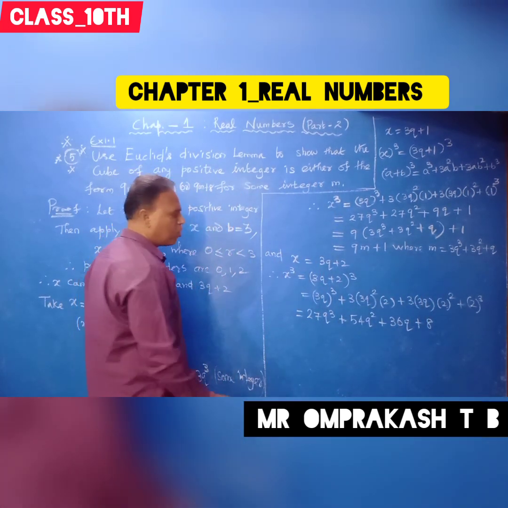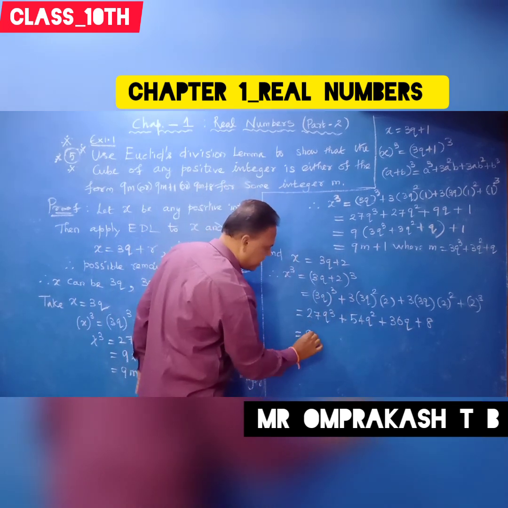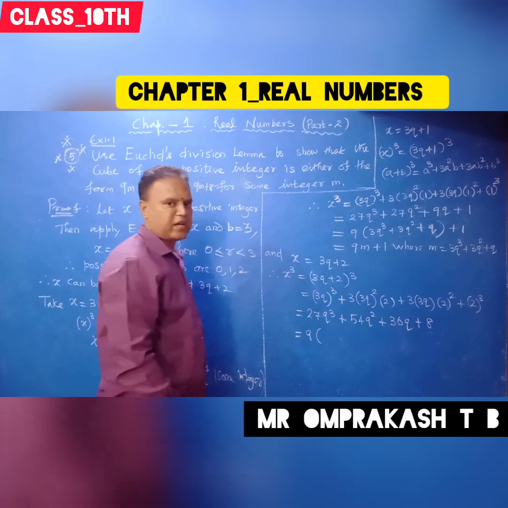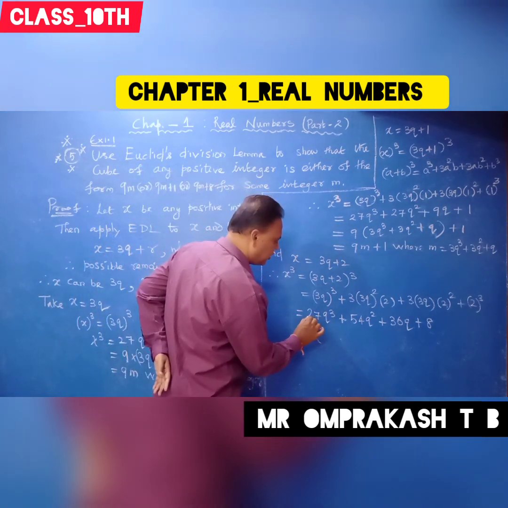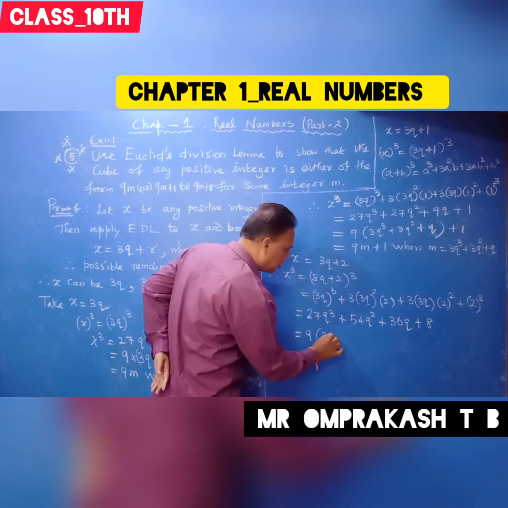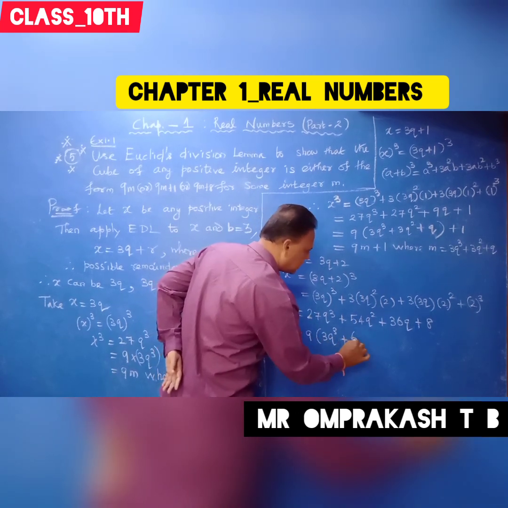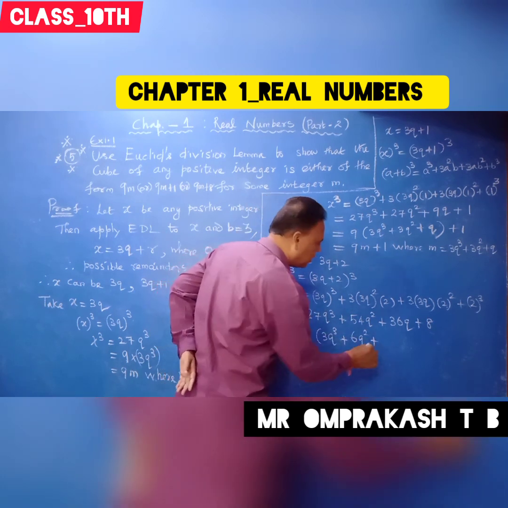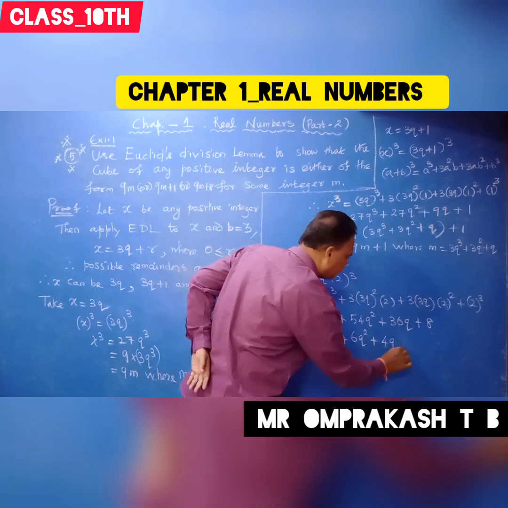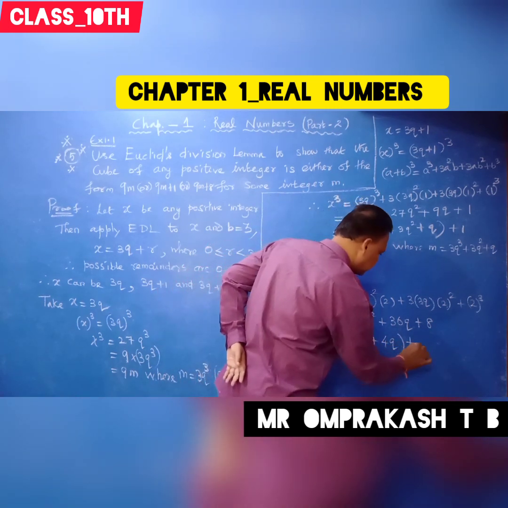Now the first 3 terms, what is common? 9. 9 alone take common, that means you will get the form. So here you see what is remaining: 3q cube plus 6q squared, because 9 sixes are 54, and 4q, 9 fours are 36, plus 8.